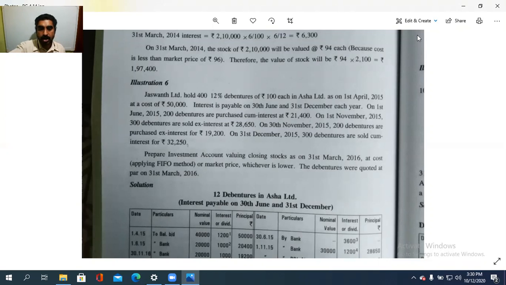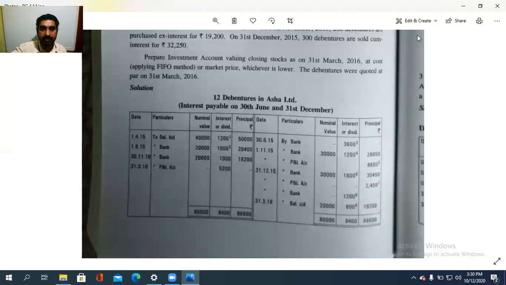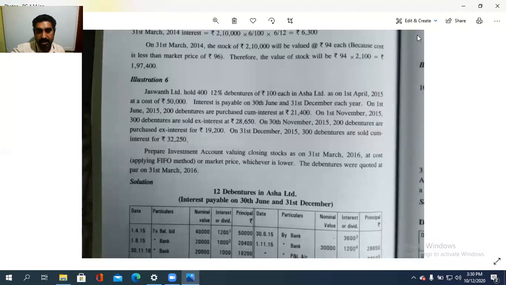The debentures were quoted at par on 31st March 2016. So in this question, both the cases are there, ex interest and cum interest, purchase and sale. So we will look into how it is to be prepared.